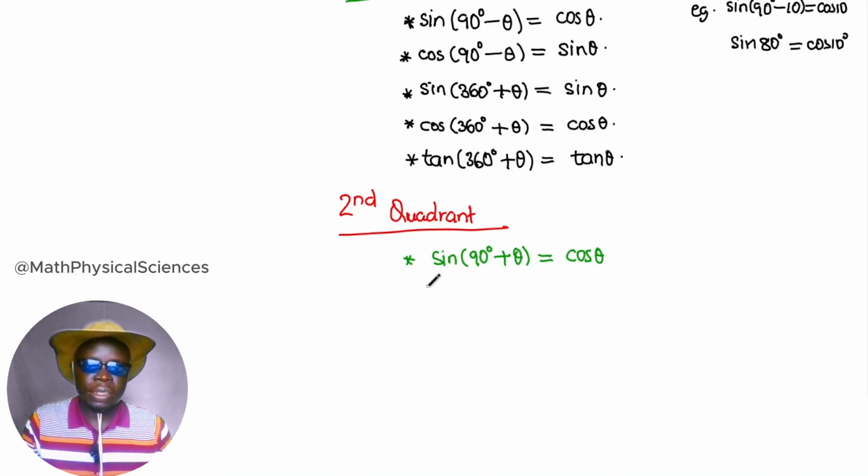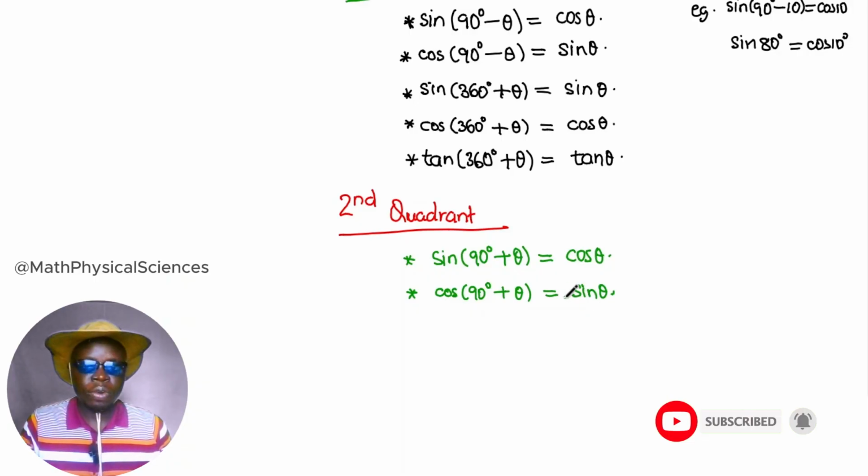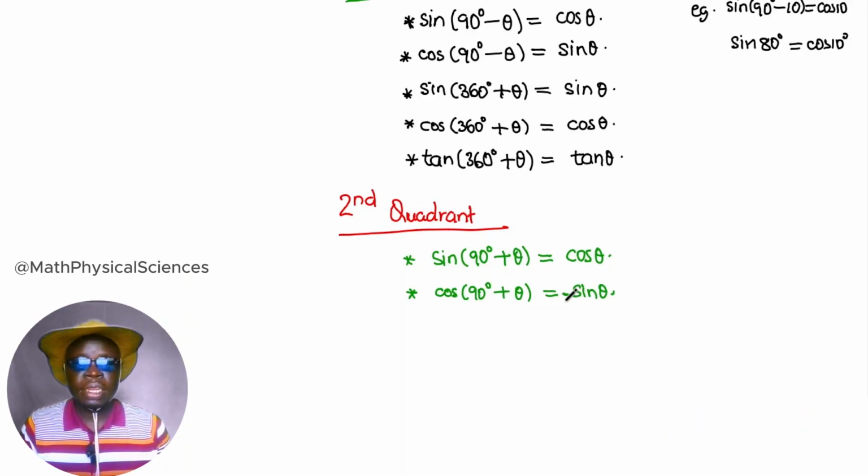Now let's move on to the next one here, and that is cos. So cos of 90 degrees plus theta equals, now this will be sine of the angle theta. But you notice that cosine in the second quadrant is always negative, therefore we'll include a negative sign here because it's only sine that is positive in the second quadrant.